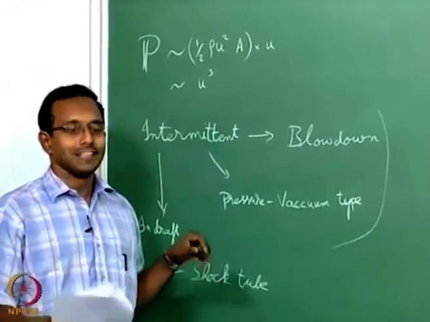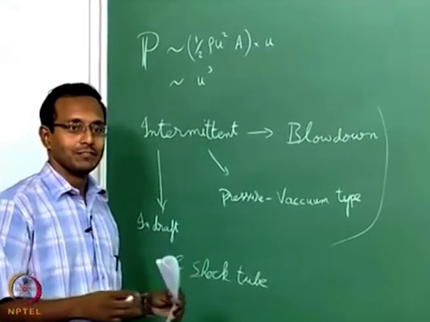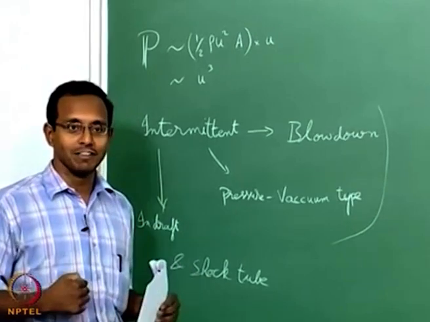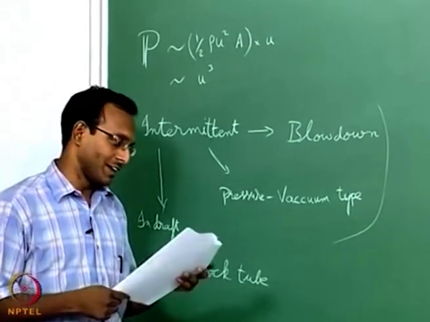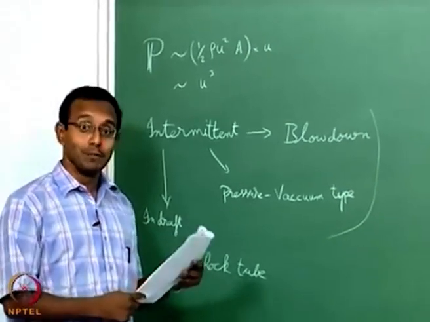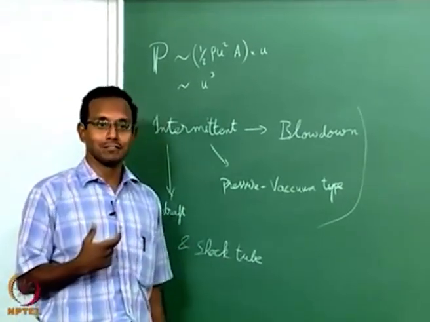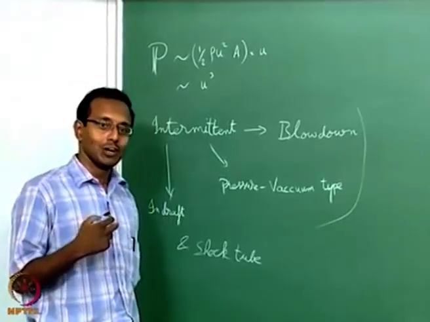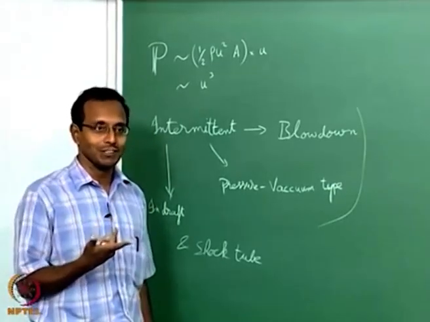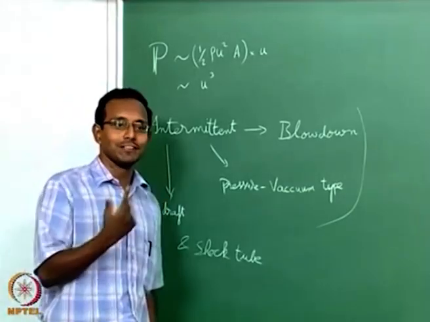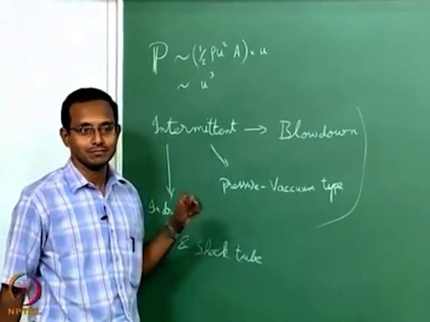There are other facilities where it can be a mechanical piston driving the flow, that is one possibility, giving energy to the flow, or it can be combustion driven, or it can be electrical heating driven. But of course, eventually it is all going to create the pressure difference across the nozzle for the flow to happen. How I am creating the pressure difference is the main change here.